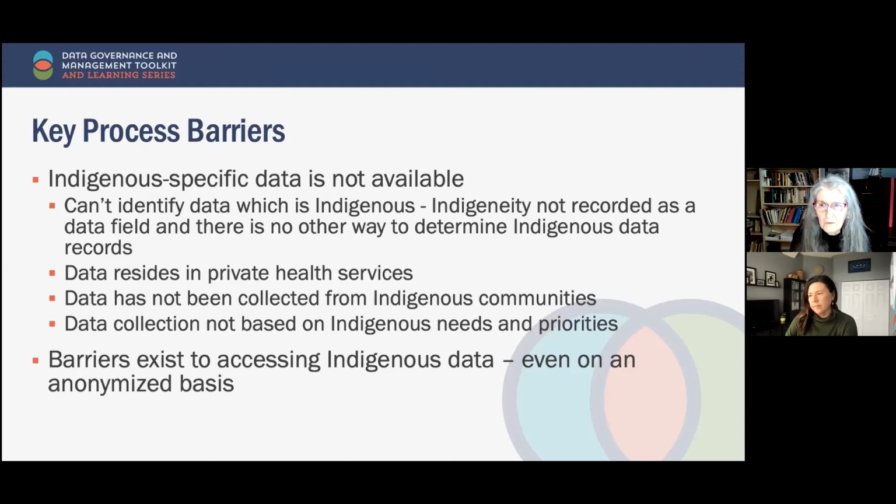I would love to get information on wait times, and that's a complex system where a lot of data is held in physician offices, and it's rolled up and provided to government. Well, they don't capture Indigenous data right at the source where the wait time data originates.